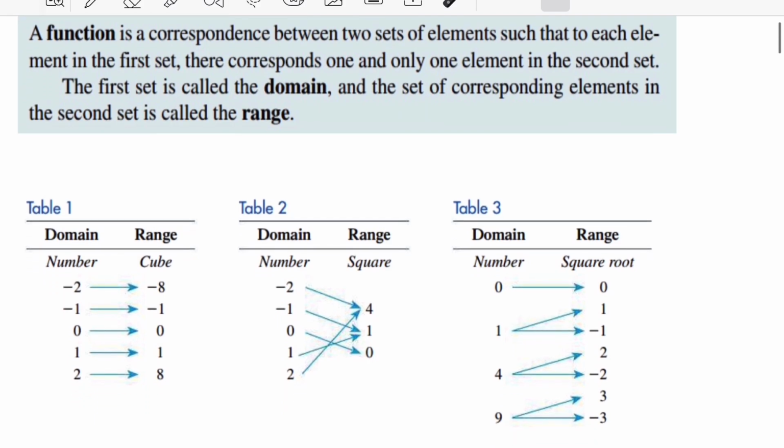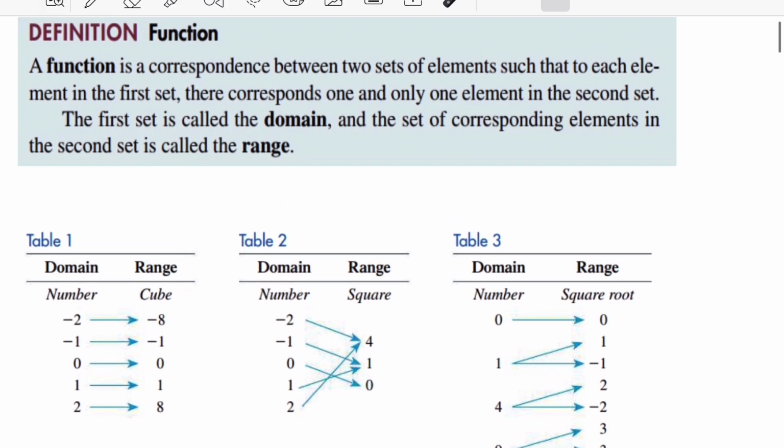Now here's where this might be solidified a little bit, is looking at table 3. So we see that 0 here corresponds to 0, so that's fine. However, this input here, 1, corresponds to 1 and -1 in our range. So automatically this tells us that this is not a function, because remember in our definition it says that each element in the first set corresponds to only one in the second.